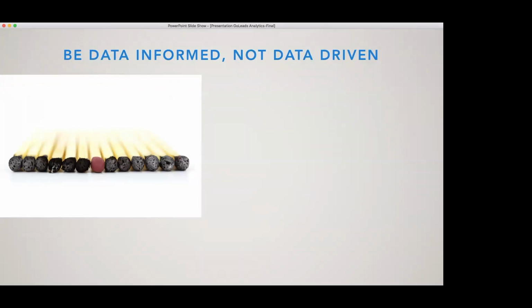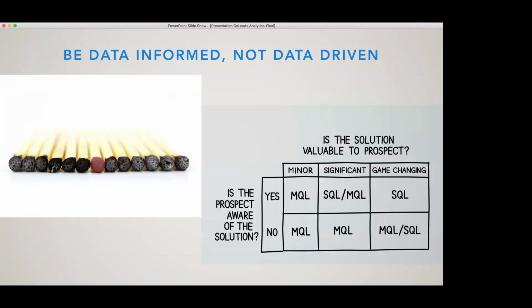What they mean by that, in this example, is figuring out the red active match versus all the burnt out matches. So you want to use this data, but you want to focus on letting it inform you versus dictate what it is that you're supposed to be doing next. I bring this up because it's easy to go the wrong way.